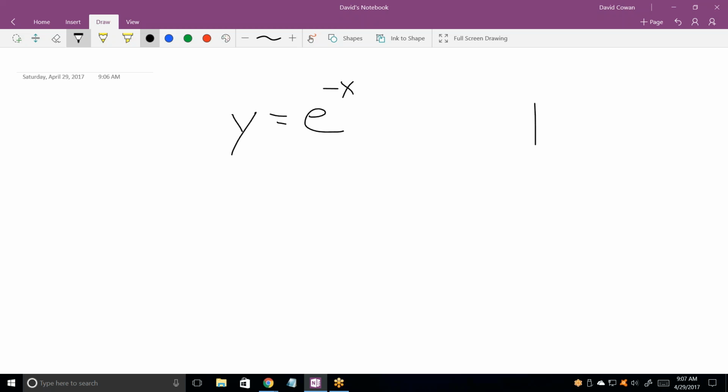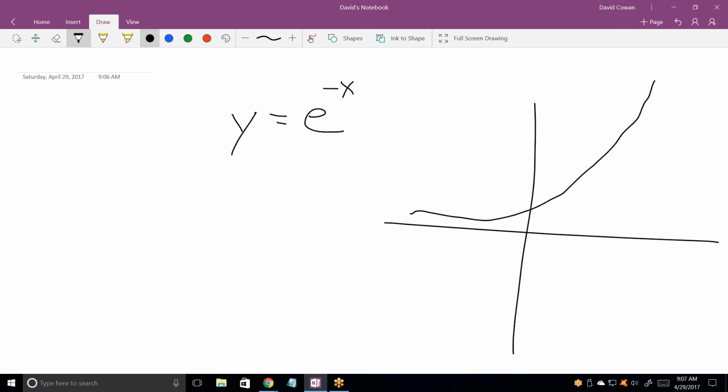You flip it upside down. Over the y-axis or over the x-axis? It would be over the y-axis. In other words, the e to the minus x would be that.